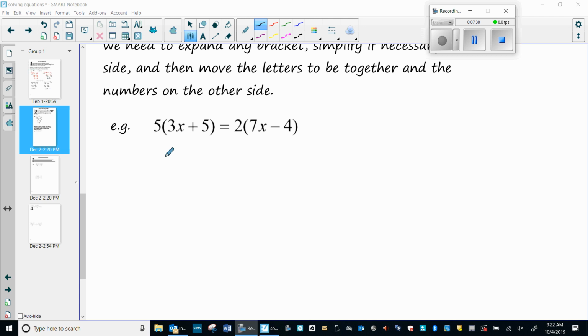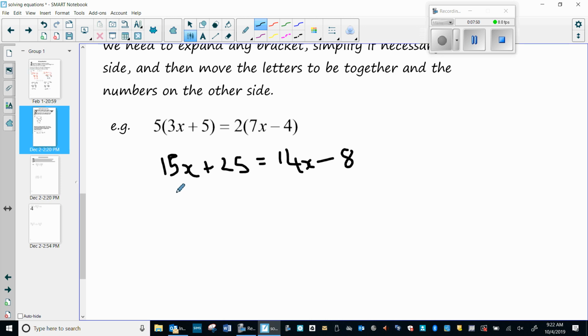Ladies! You have to expand. Yep. So 5 times 3x is 3x plus 25 equals 14x minus 8. And then you would try to get x on one side.